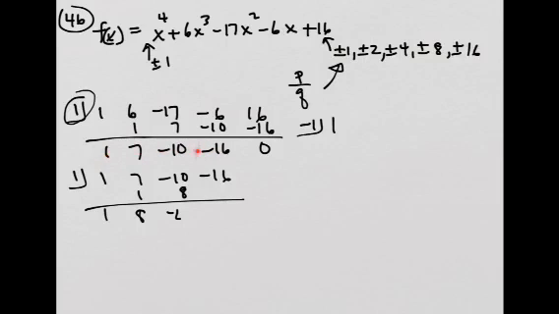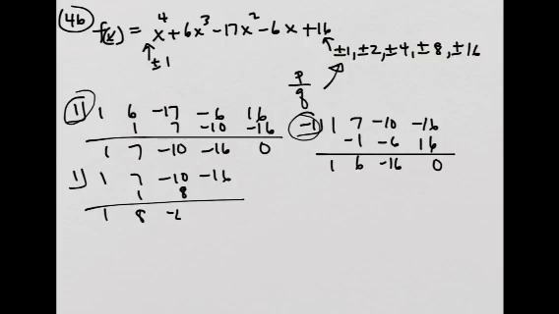So 1, 7, negative 10, negative 16. Bring down the 1 times negative 1, negative 1. This gives you 6. 6 times negative 1 is negative 6. This gives you negative 16. And this gives you positive 16, which is 0. So this one worked.